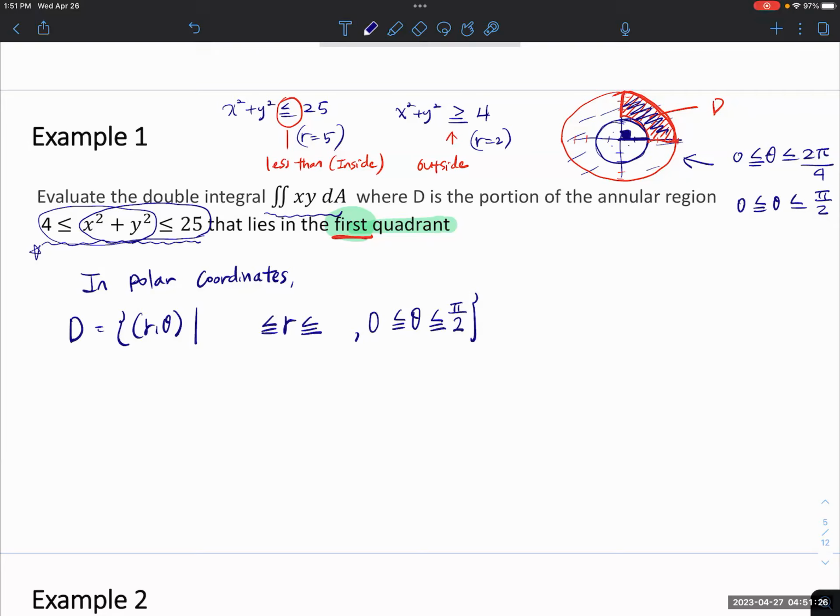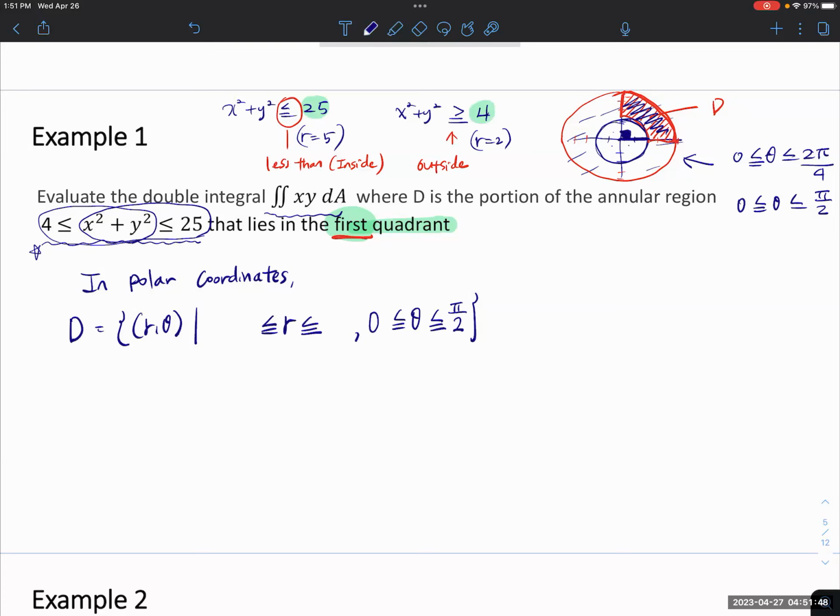Beautiful. Are you following? I'm not talking about the entire circle angle; we are talking about the angle only in the first quadrant. So that's 0 to 90 degrees, so 0 to pi over 2. All right, next one, the radius. These are the radii, isn't it?